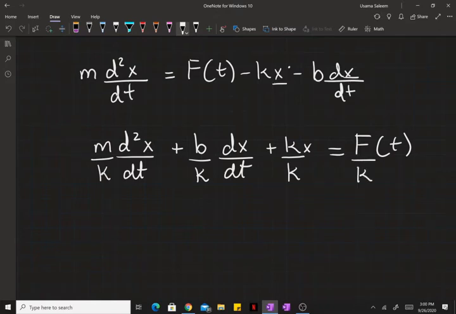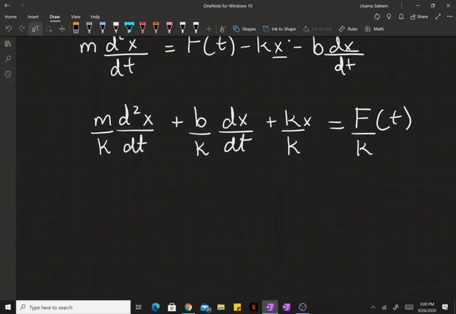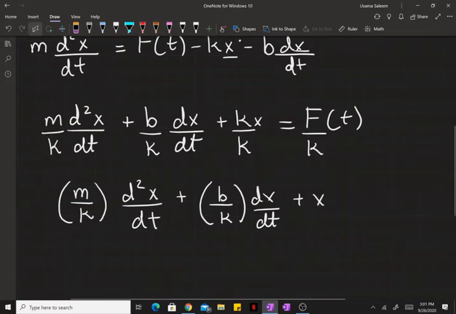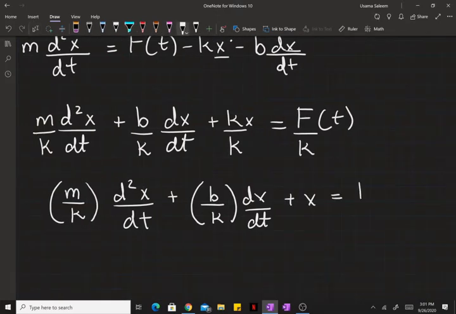So we're left with m over k times d squared x/dt squared plus b over k times dx/dt plus x equals f over k.